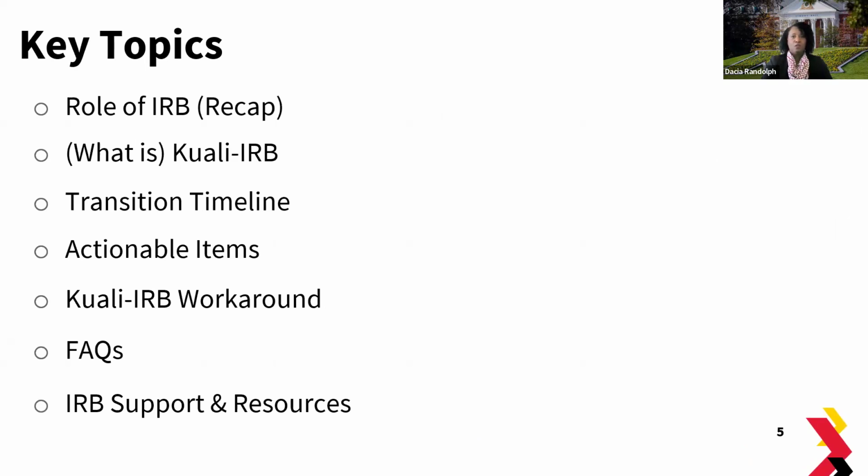To achieve these learning objectives, let's dive into some of the key topics that will be discussed. First and foremost, we'll start with a recap of the role of the IRB as it pertains to human subjects protection, and the 4 levels of IRB review. We'll also clarify the distinction between what constitutes research and a study. Next, we'll develop an understanding of Kuali Build, the overarching platform that some areas of UMD currently utilize, and the incorporation of Kuali-IRB. Then we will review the timeline for the transition from IRBNet to Kuali-IRB.